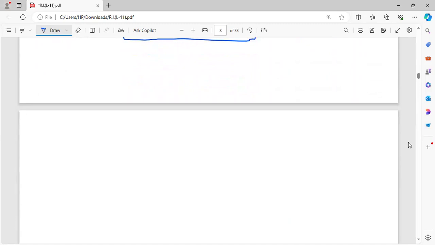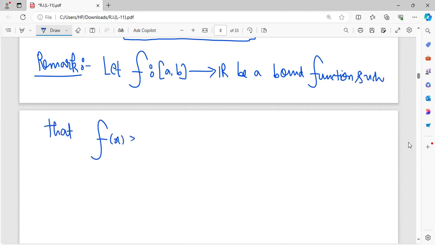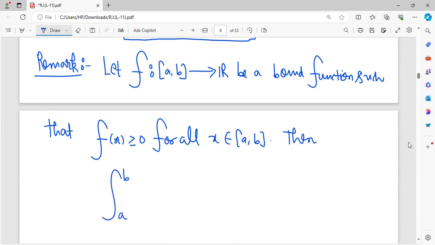Okay. So remark: let f from the closed interval [a, b] to R be a bounded function such that f(x) is greater than or equal to 0 for all x belonging to the closed interval [a, b]. Then the upper integral of f(x) dx from a to b is always greater than the lower integral.